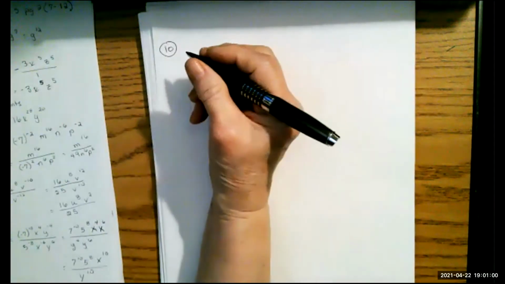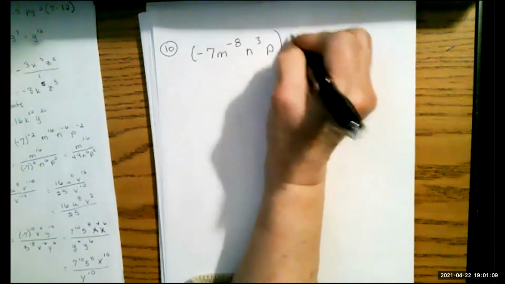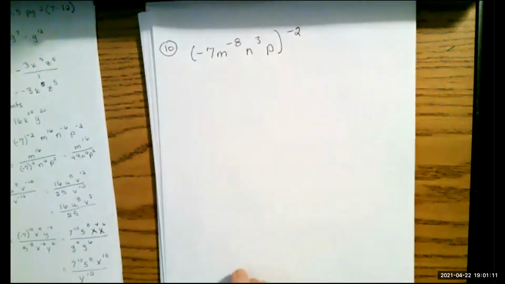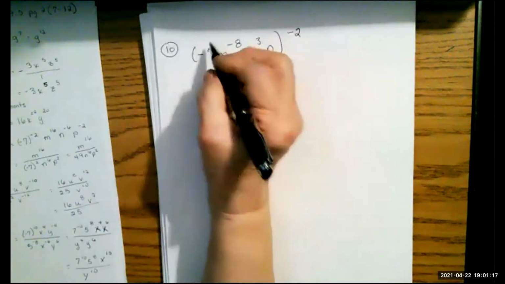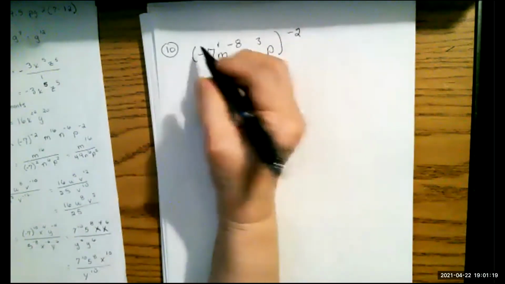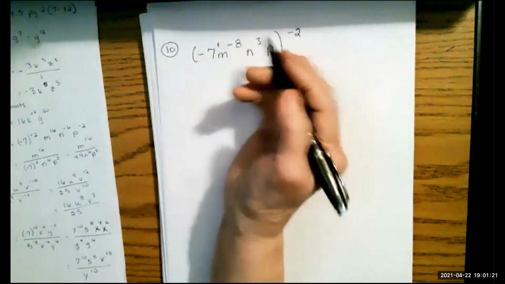All right. Let's do this number 10. Negative 7 m to the negative 8 n to the 3rd p, and it's all to the negative 2. So this one's going to take a little bit of thought. 7 has a 1 on it, and this negative is affected by that as well.